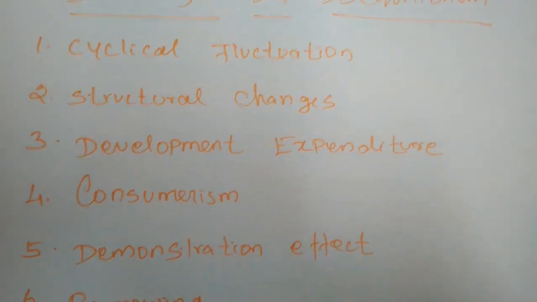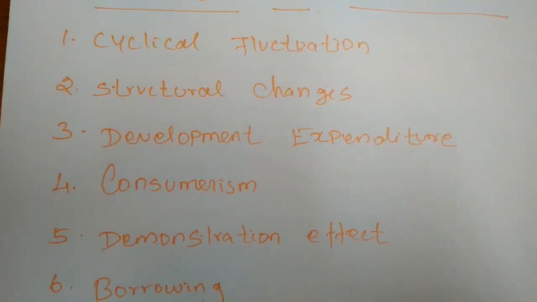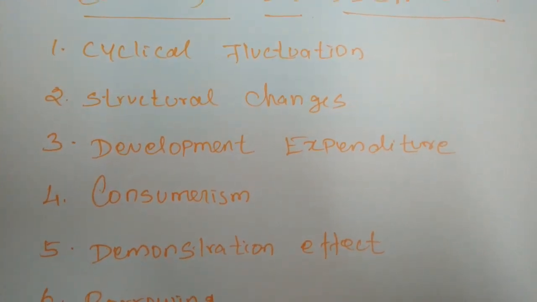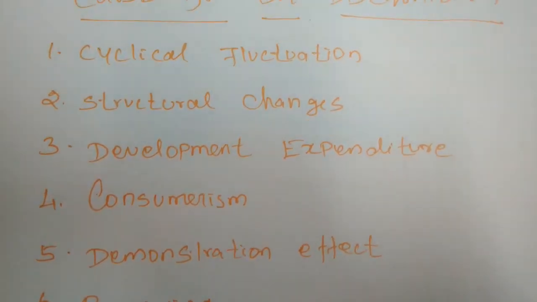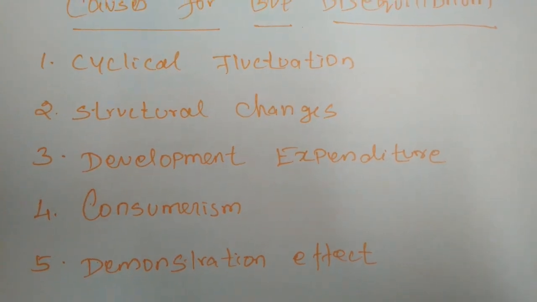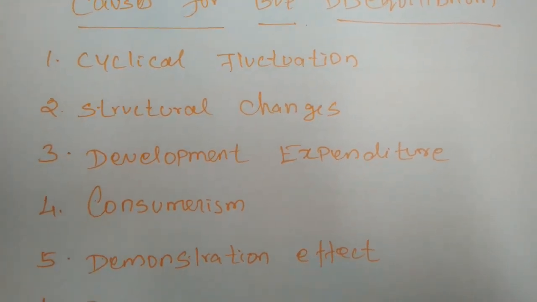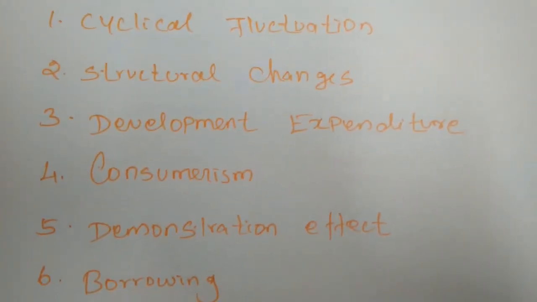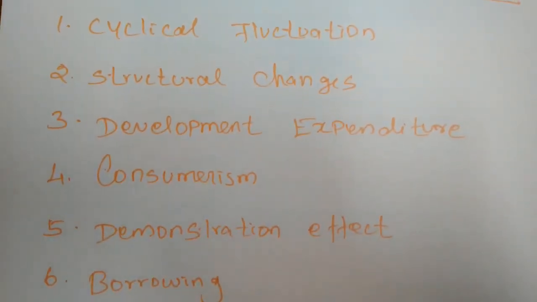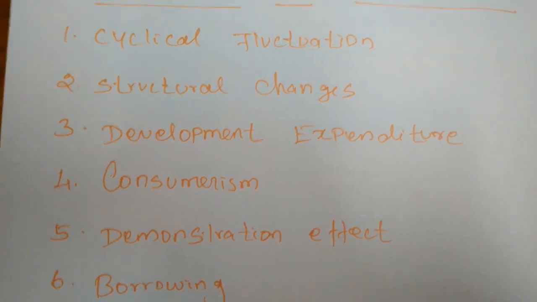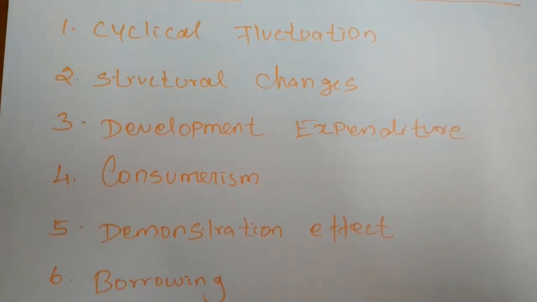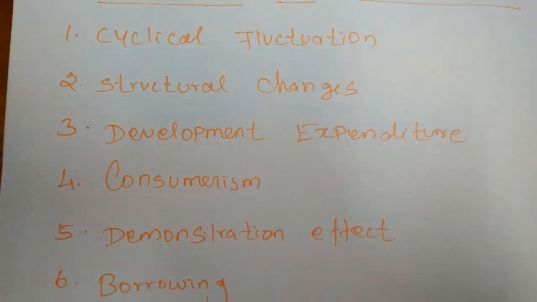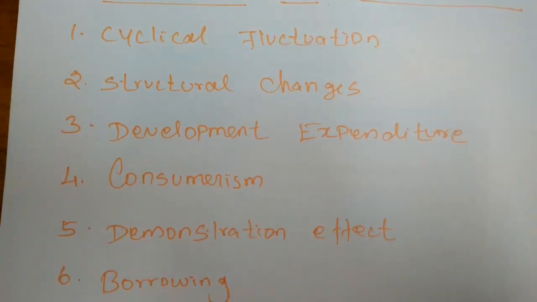Next, the structural changes. The structural disequilibrium is caused by the structural changes brought by huge development and investment programs in the developing economies. All the developing countries want to absorb more foreign direct investment. To get more foreign direct investment, those nations must make efficient structural changes.